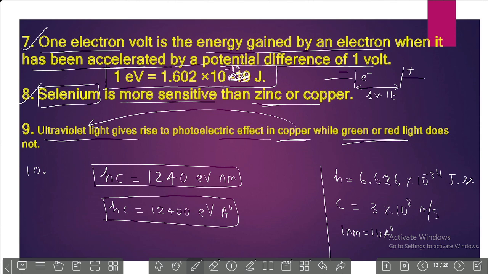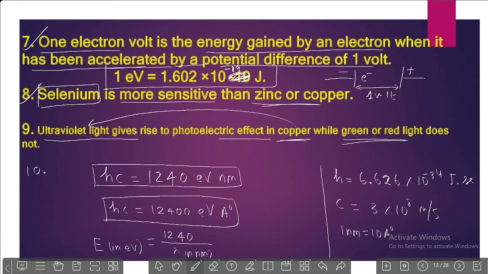Now all of you listen. If you want to find energy in electron volt, suppose you have the hc value, you know E equals hc by lambda, so it is 1240 divided by lambda in nanometer.